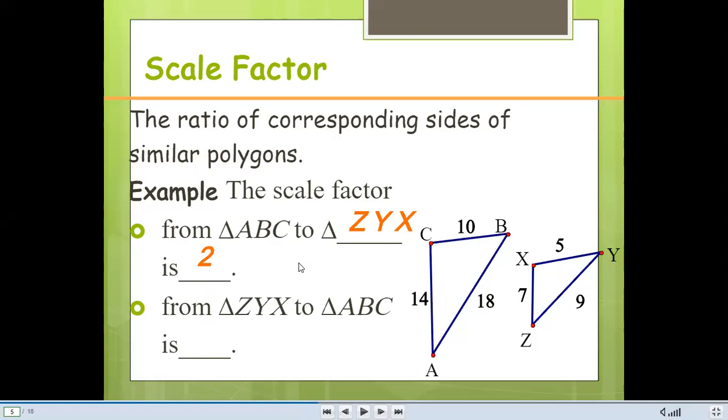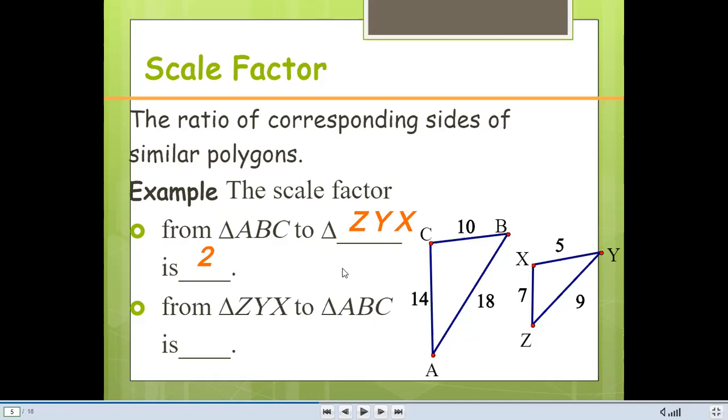From ZYX to ABC, what is the scale factor? Salma? From triangle ZYX to triangle ABC, it will be 1/2.